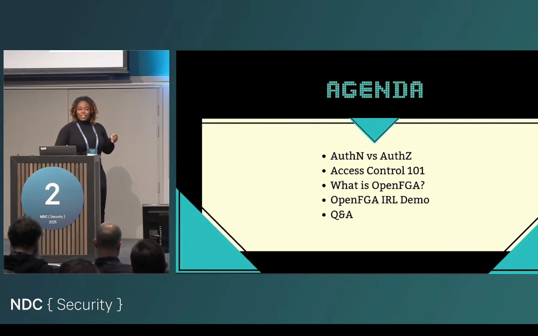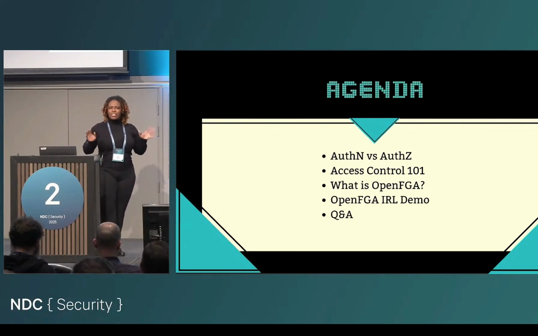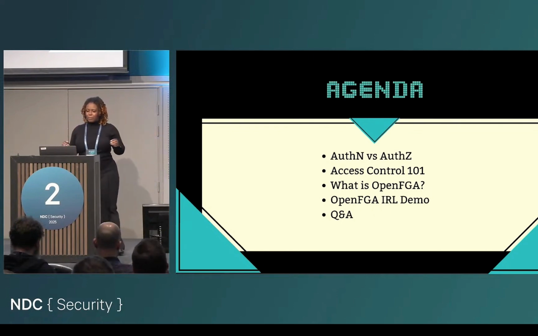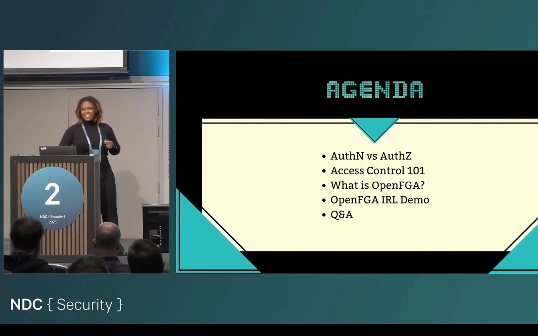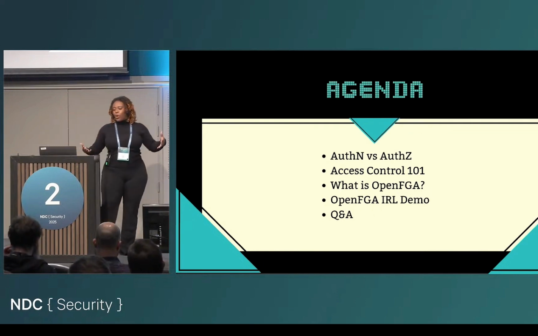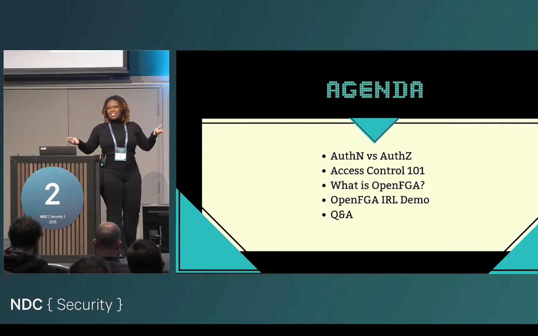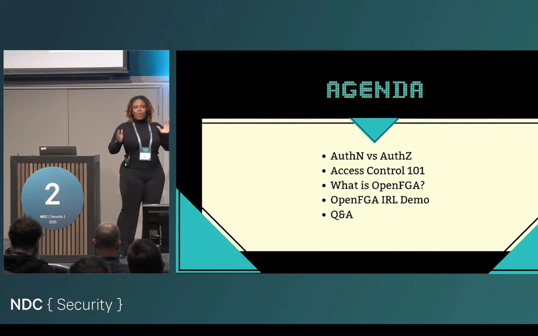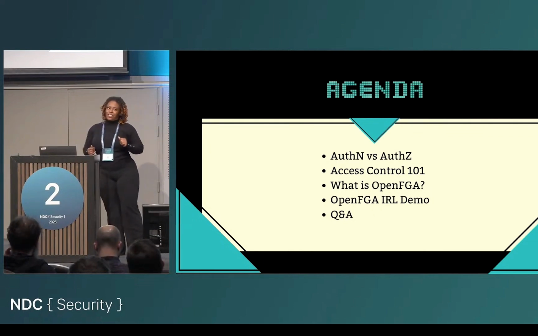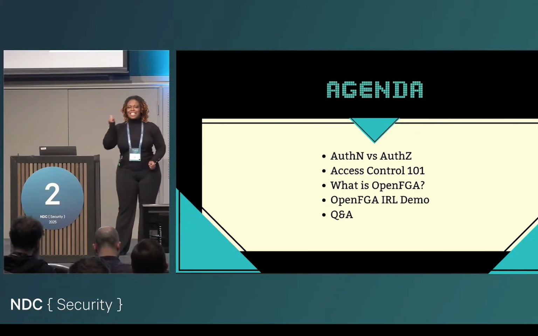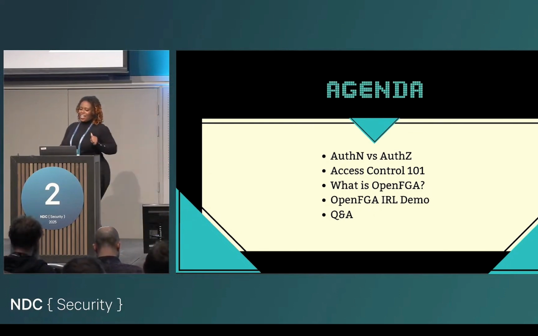We'll also have a look at some high-level examples of OpenFGA implemented and an example of authorization modeling. Then, if we have time, we'll open up for questions. If we do run out of time, then I will make myself available right outside in the hallway track just after this talk. How does that sound? Sweet. Let's get this show on the road.